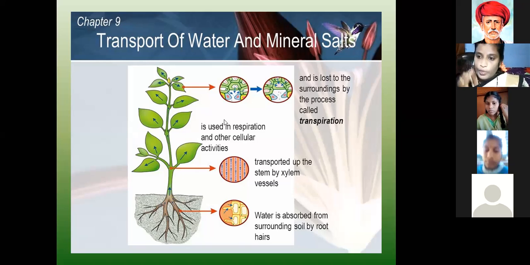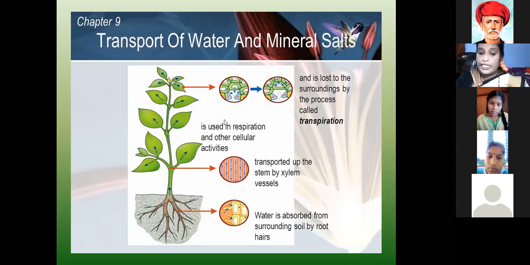The root has tiny structures called root hairs. The root hairs absorb water and mineral salts from the soil. After the root hairs, they are sent to the remaining parts, that means the stem and other parts of the plant.